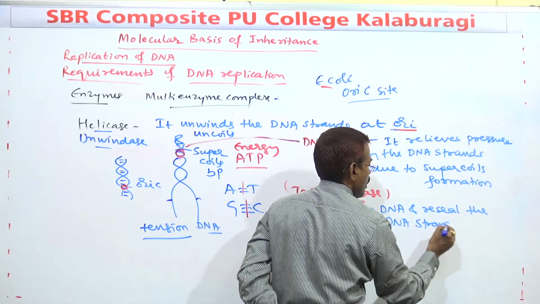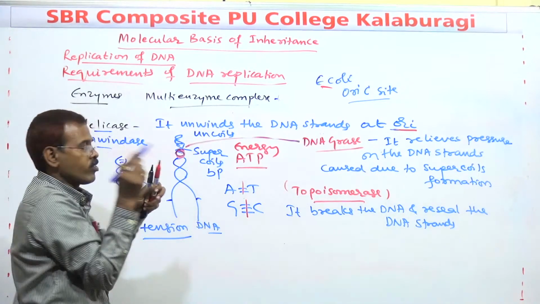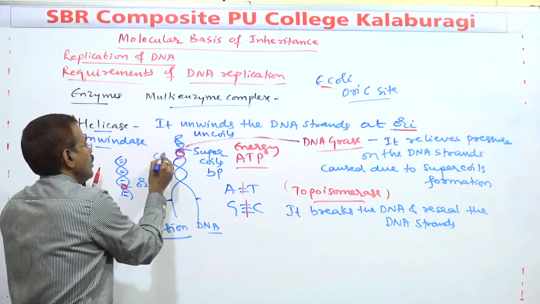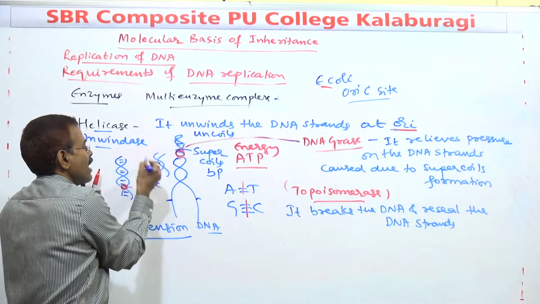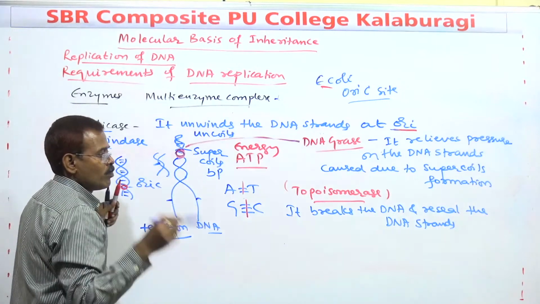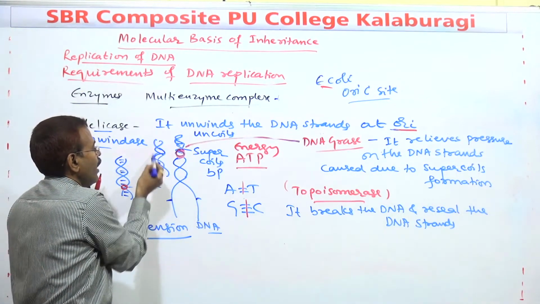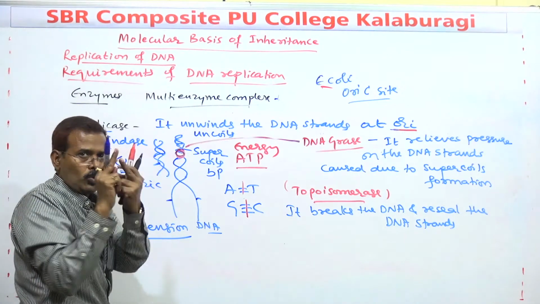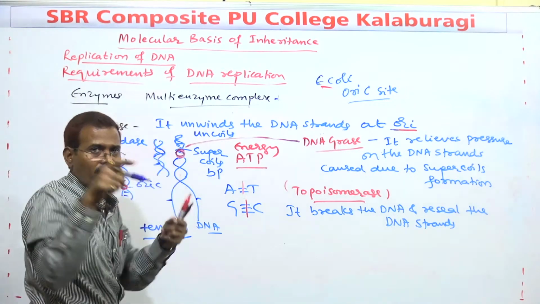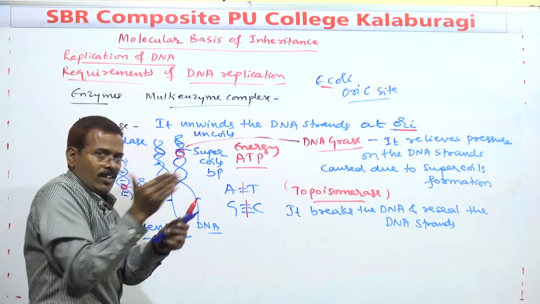It brings a transient break where more coils are there: out of the two strands, one strand can be cut, so that strand can get separated.